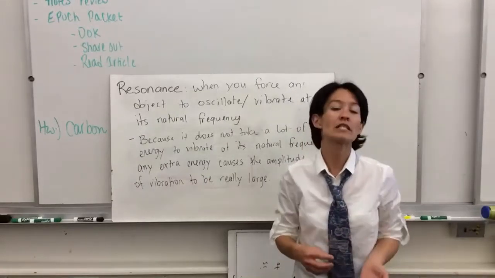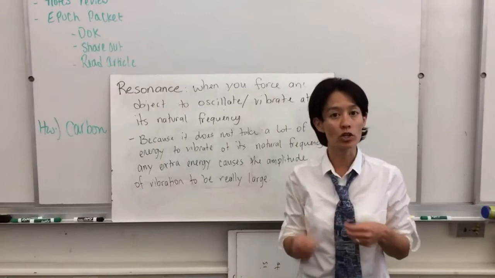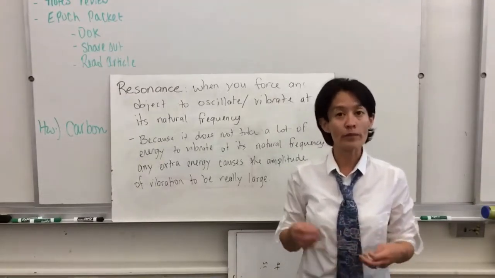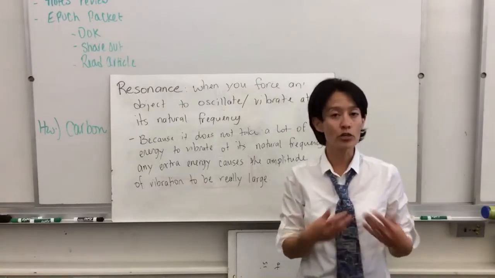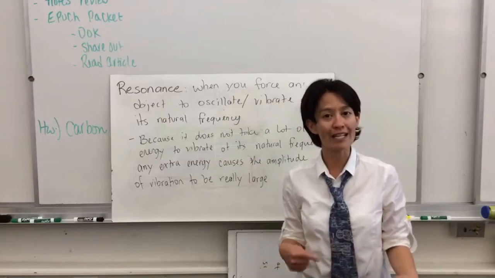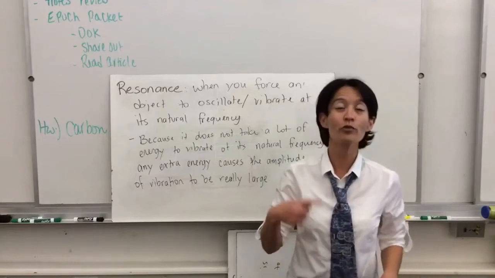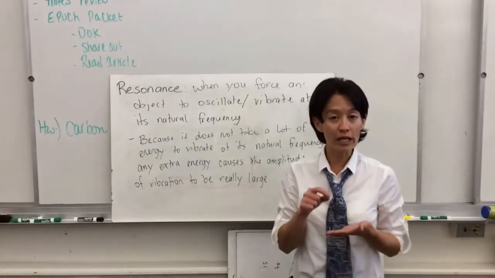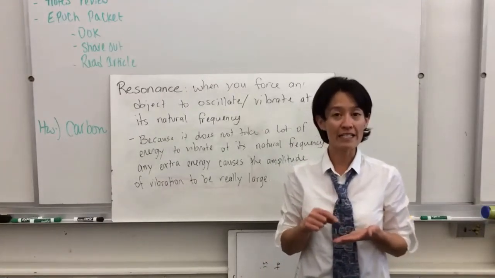Now, a common misconception is that plucking a guitar string or playing a stringed instrument is causing resonance to occur. That's not true. When you pluck a stringed instrument, you're just having it vibrate at its natural frequency. In order for resonance to occur for a stringed instrument, you would have to pluck that string at its natural frequency.